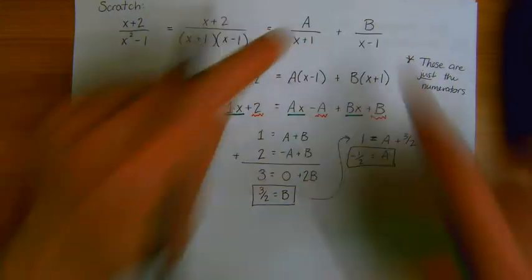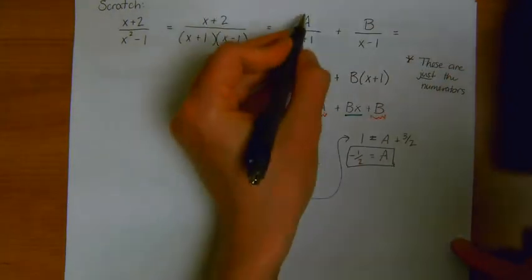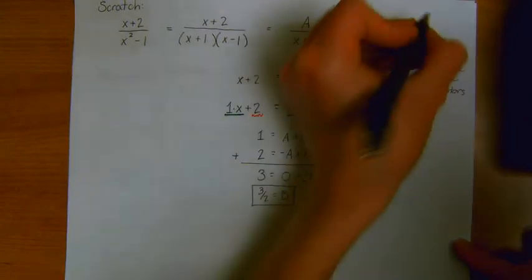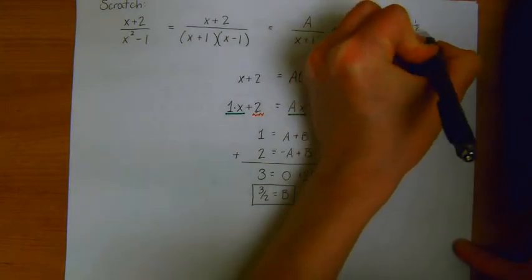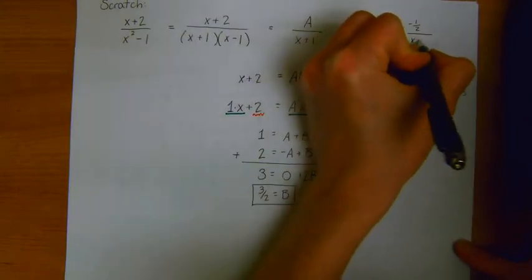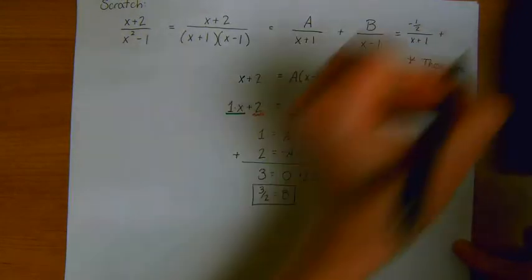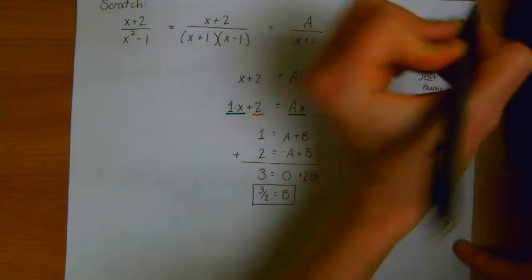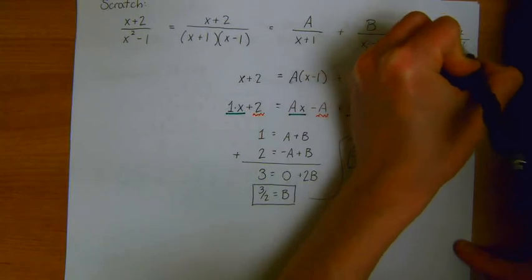And we've completed our work. That means that these fractions can be rewritten as a is equal to negative 1/2 over x plus 1, and b is equal to 3 halves over x minus 1.